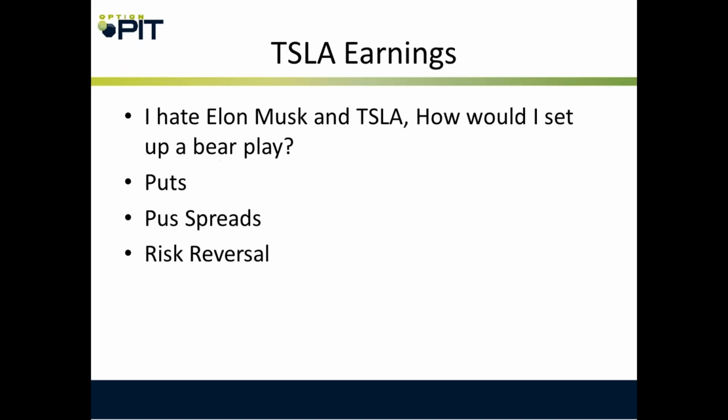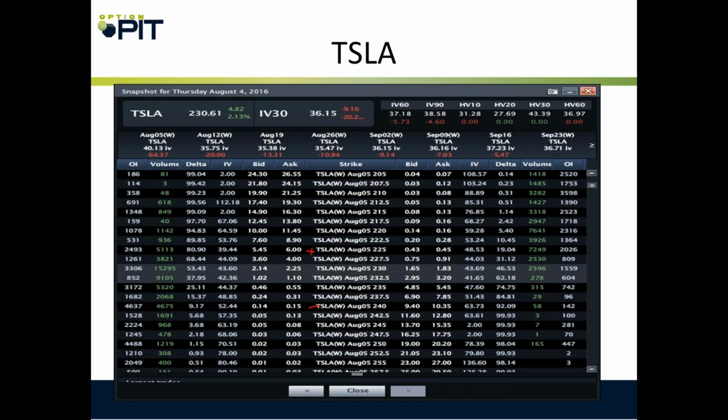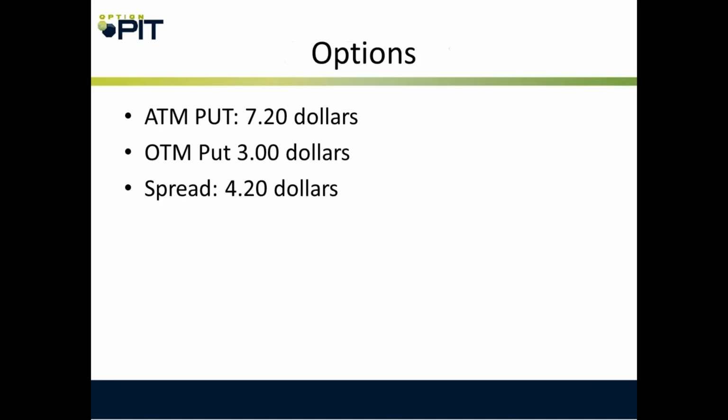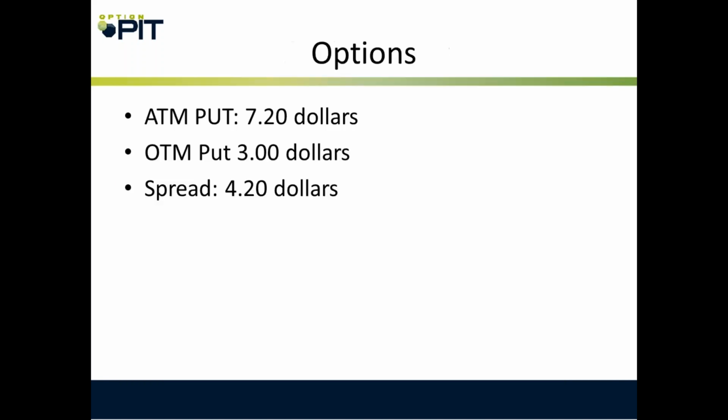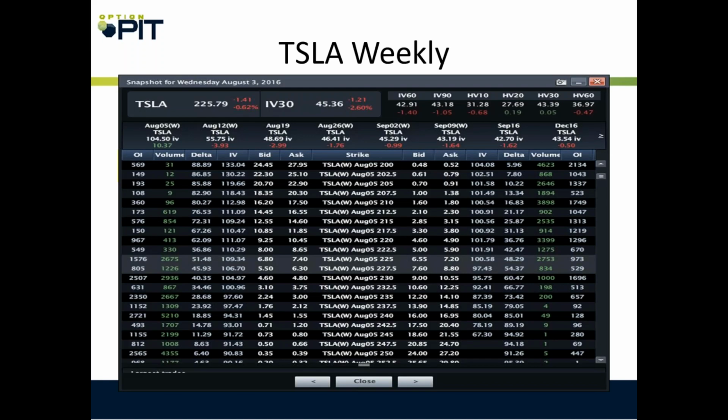All right, well, let's look again at all the different spreads I could set up. I could do an at the money put versus an out of the money put.